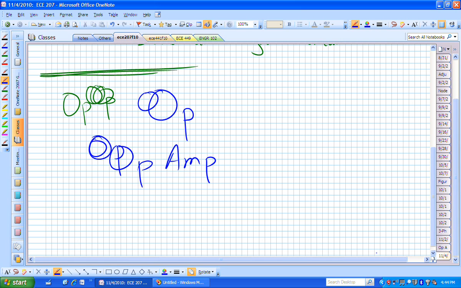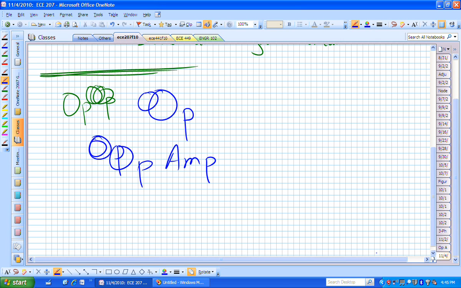Now, what are we going to do when we analyze this? If we assume this is still negative output feedback, which it is, because we're feeding back the output to the inverting terminal, what do we know? We know that the differential between the plus and minus terminals is 0. If that's 0, what is Vn? Vn is applied right across basically R sub 1, isn't it? And how can we relate Vn to V out?